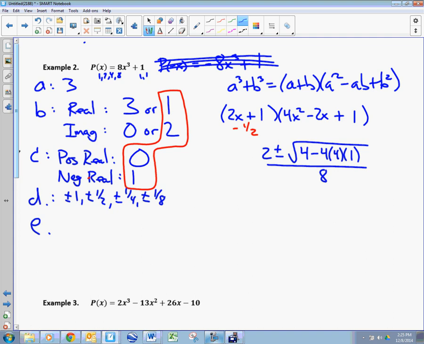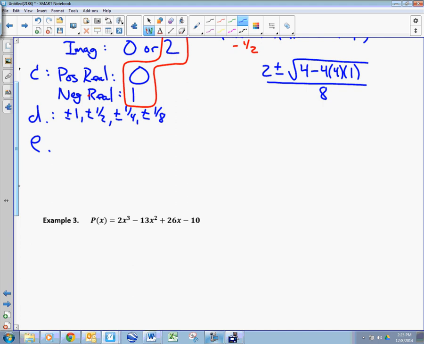Remember, that used to be so complicated you could only do like 6 problems in a day in an algebra class. Now, boom, crank it out. What's 4 minus 4 times 1? So I got negative 12, 2 plus or minus the square root of negative 12 over 8. What's the perfect square you can take out of negative 12?